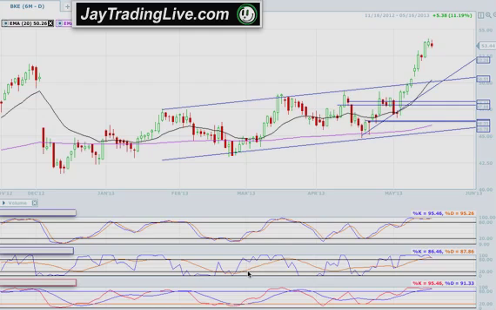So our blue line crosses up here, we got upward momentum on our orange signal line, and that would get you into this trade right on this candle right here, also hugging the 200, also right on the 20, and bam, there you go, off to the races on BKE.